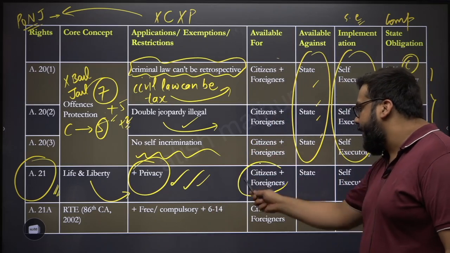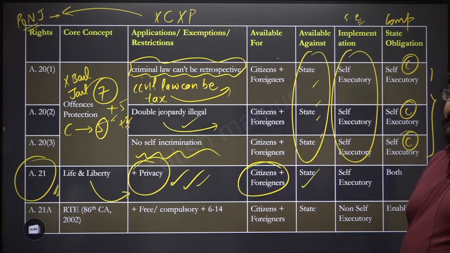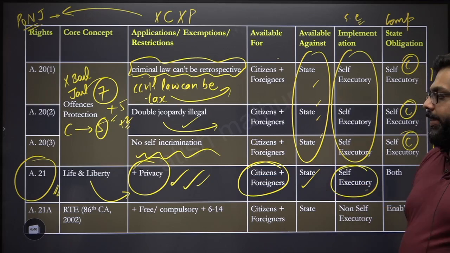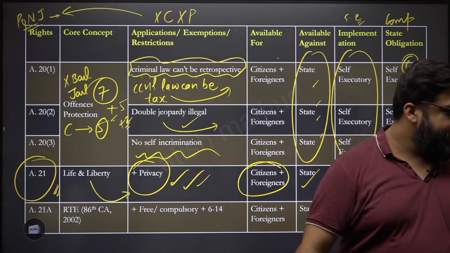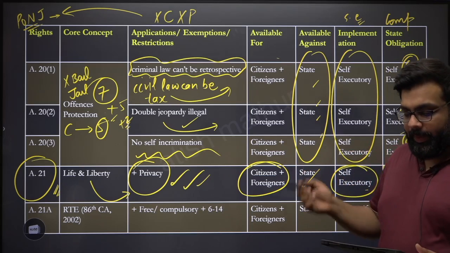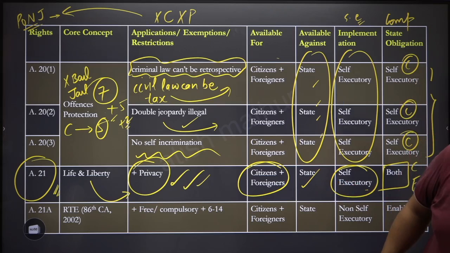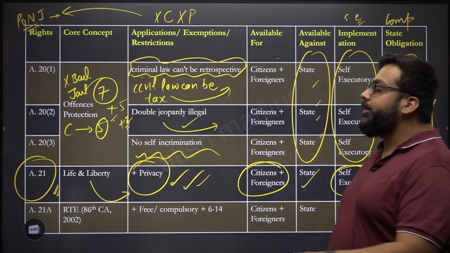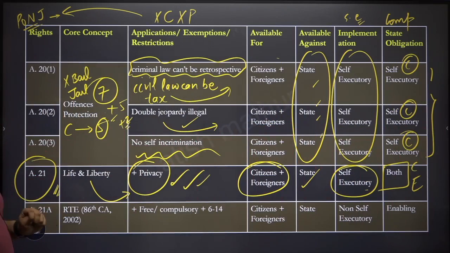This is again available against all, available for all citizens and foreigners, only available against the state. This is self-executory in nature. Very interestingly, it has both components of compelling and enabling in nature, which means Article 21 on its own is enough. But if you see, it says, no person shall be deprived of his life or personal liberty except according to procedure established by law, which is also reaffirming the fact that procedure established by law has been mentioned categorically under Article 21.